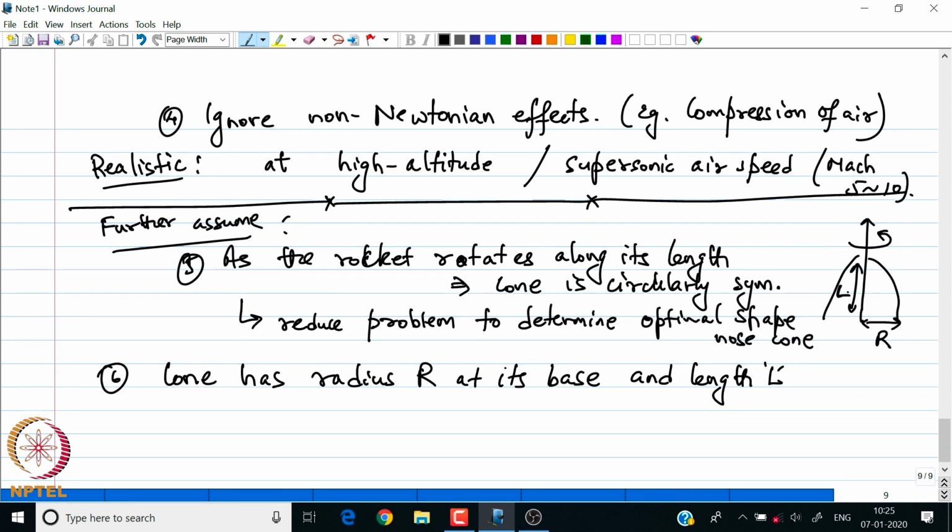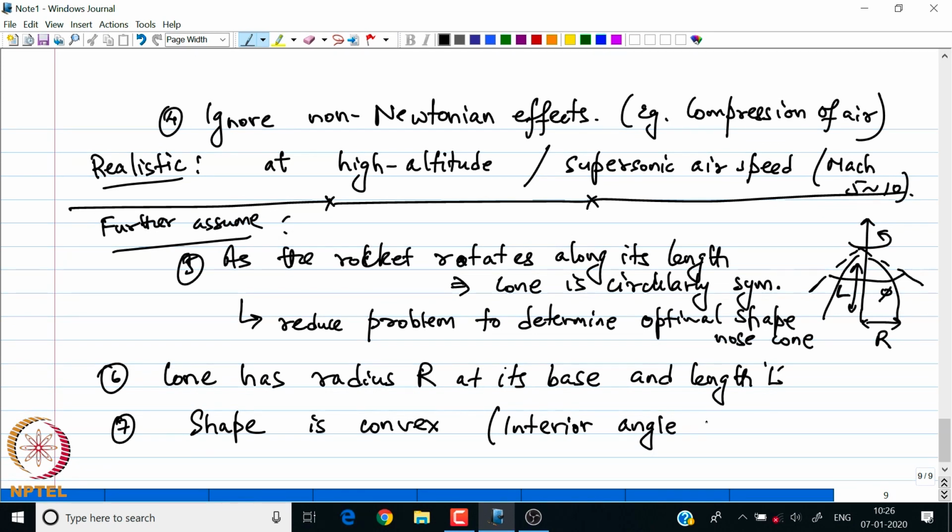That will give us the boundary conditions. We also assume that the shape of this cone is convex, which means that the interior angle phi of this object is less than 180 degrees.